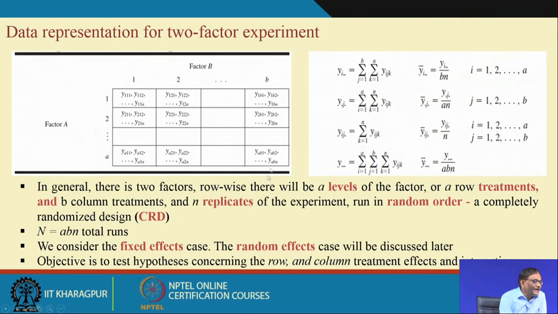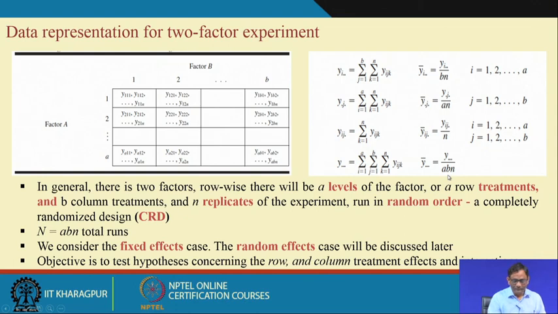The grand total considering a, b, n is this. And you can calculate averages also. For the row average, you see there are b columns, and under every cell there are n data points, so it will be divided by bn. For the column average, the column total will be divided by an. For the cell average, the cell total will be divided by n, and for the overall average, the overall total will be divided by the total number of observations.